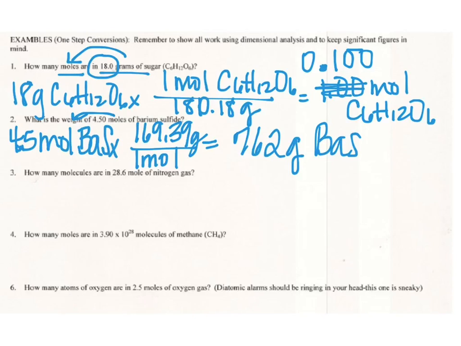Next, how many molecules are in 28.6 moles of nitrogen gas? So we're going from moles to molecules. We have 28.6 moles of nitrogen gas, and it wants to know how many molecules. How do we get from moles to molecules?